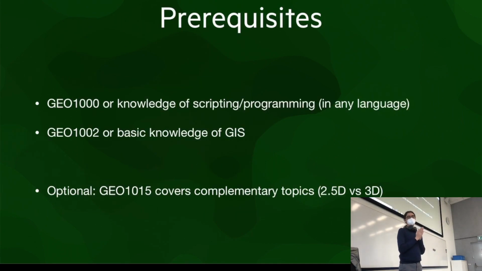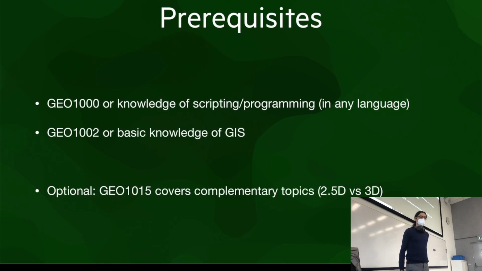The formal prerequisites of the course. So for those in the Master of Geomatics, the 2 recommended ones are GEO1000, so any kind of programming in any language is okay. And GEO1002, or some basic knowledge of GIS, like the theory behind GIS, not only clicking buttons in ArcGIS.